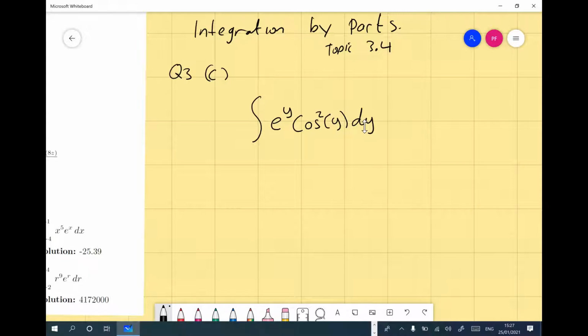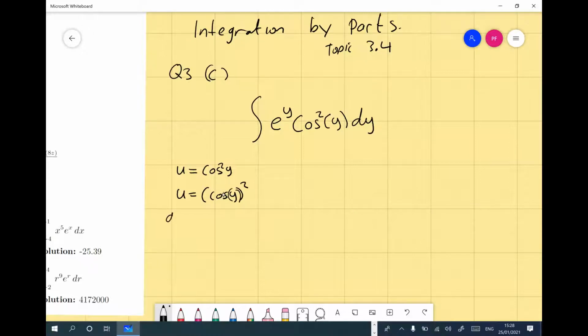So just let me talk us through our choice of u here. The first thing we notice that's different is we've got a cos squared y in this case. So let's just say I let u equal cos squared y. Now, as I said before, that's just the cos of y all squared. Now, that is a chain rule.